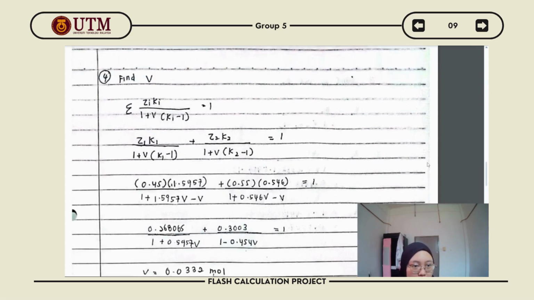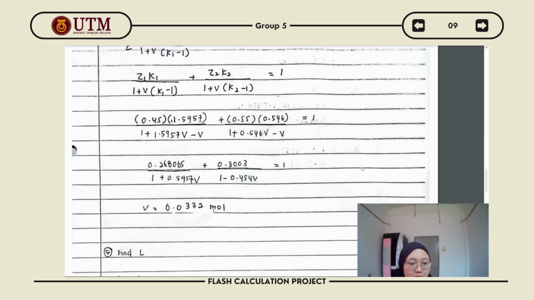Now we have to find V using the formula of the summation of Zi Ki over 1 plus V in the bracket of Ki minus 1 equal to 1. Since we already have the values of Z1 and Z2 and also K1 and K2, we just have to input everything into the formula, and then we find that V is 0.0332 mole.